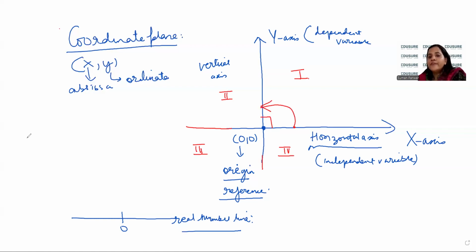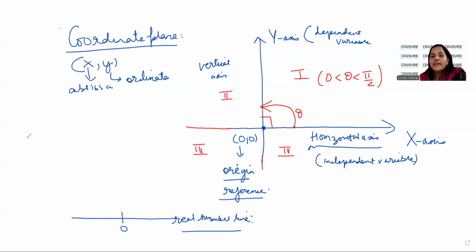So in the first quadrant, the angle theta is between 0 and pi by 2. Pi by 2 is 90 degrees. Note that when I talk about the first quadrant, theta equals 0 degrees and theta equals 90 degrees are not included. Therefore, the positive x-axis and the positive y-axis are not included in the first quadrant.